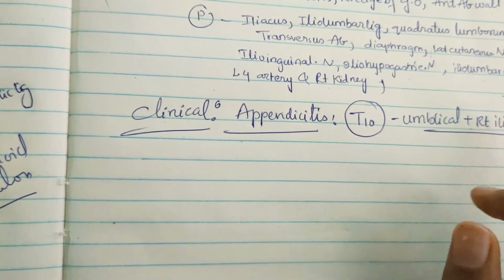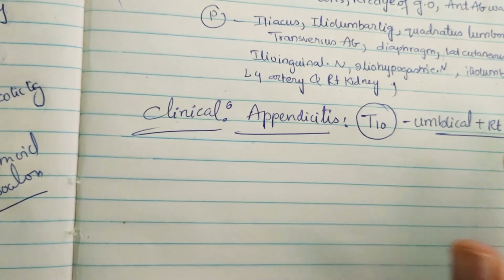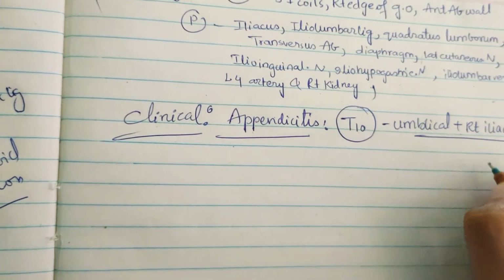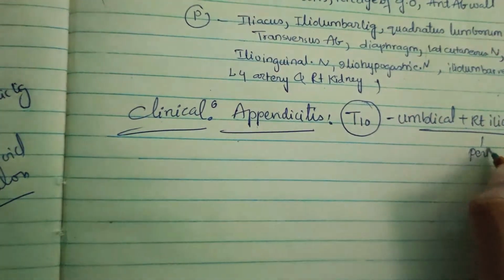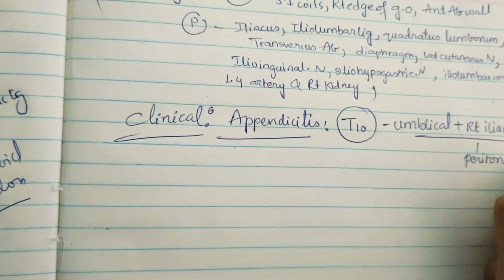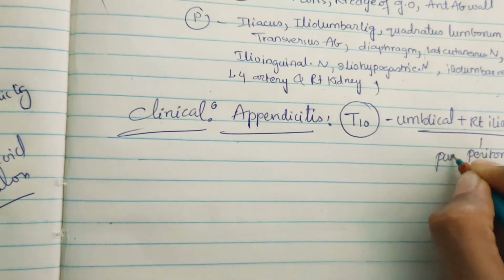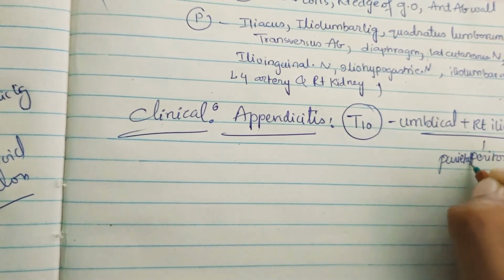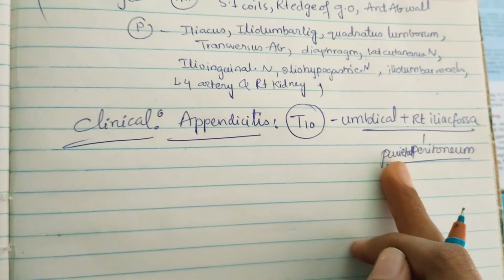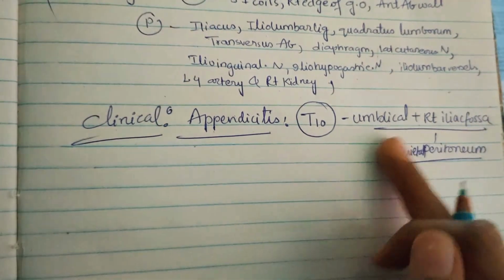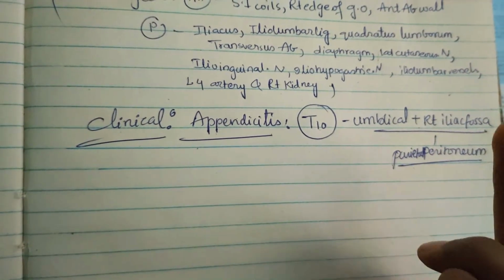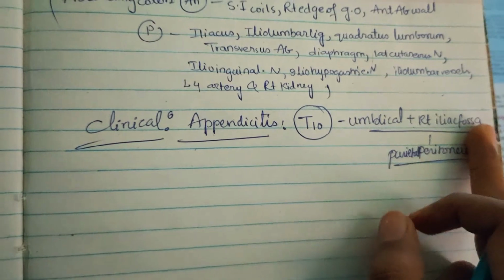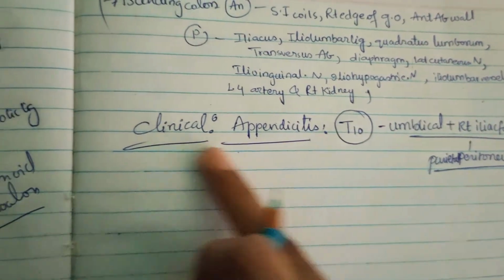Why is it in the right iliac fossa region? Because of the peritoneum lining it. You know the parietal peritoneum is sensitive to pain but not the visceral peritoneum. So because of the parietal peritoneum of the right iliac fossa, the appendicitis pain is also referred to the right iliac fossa region. So this is appendicitis.